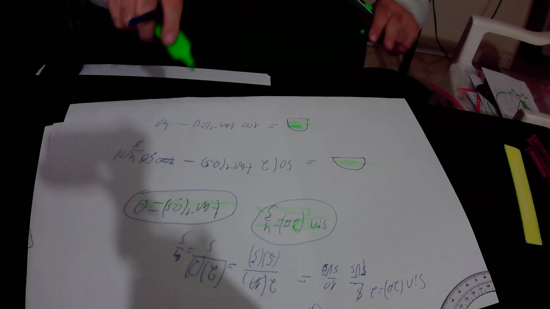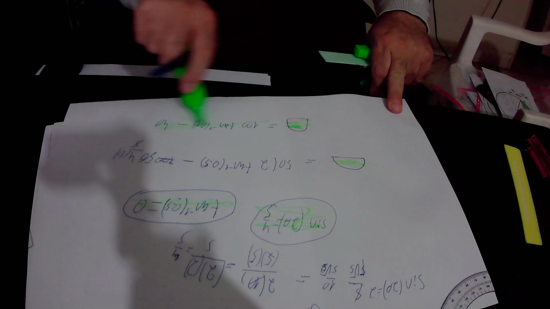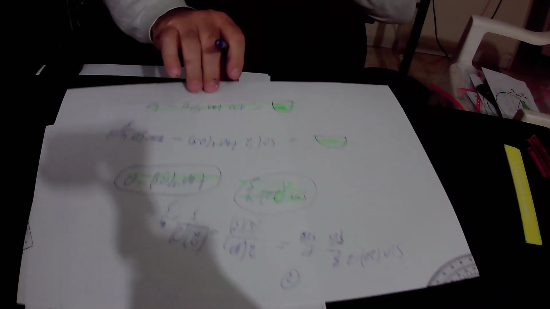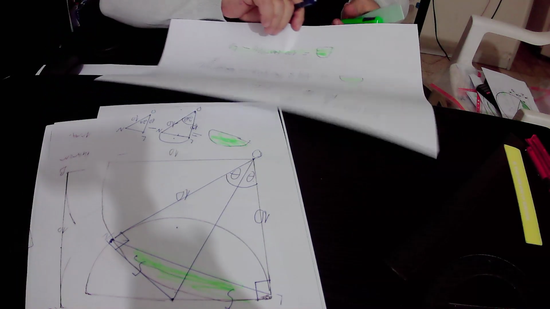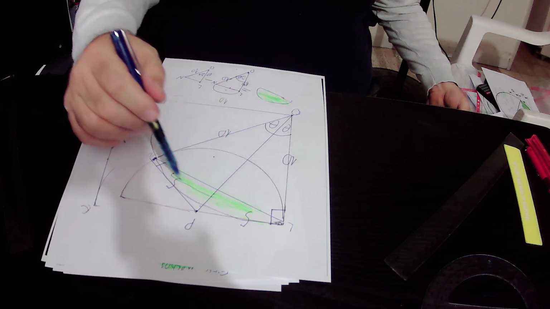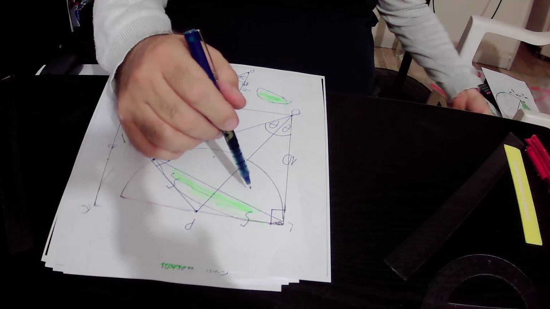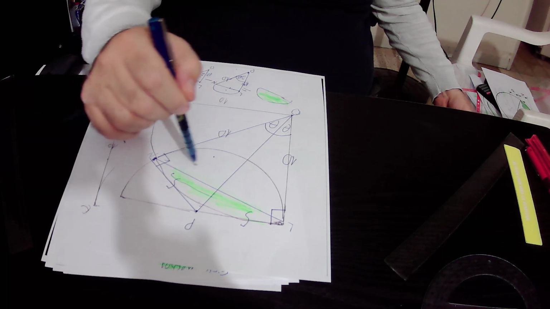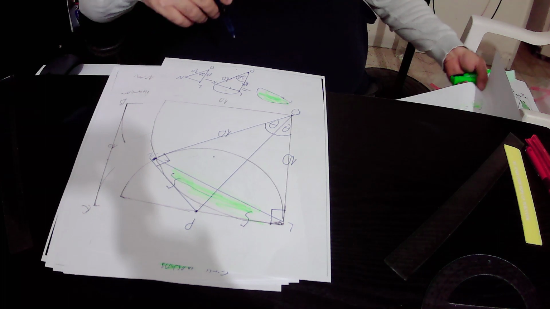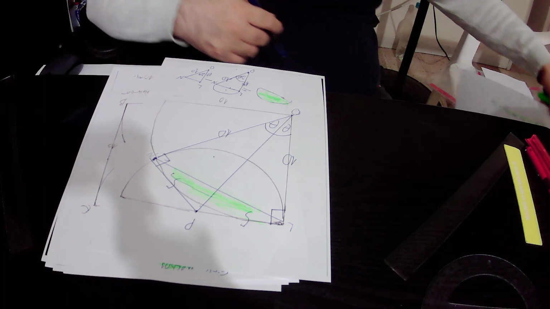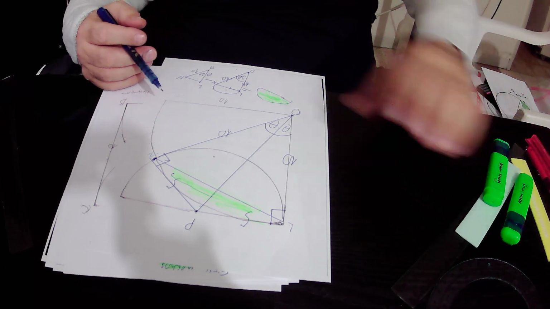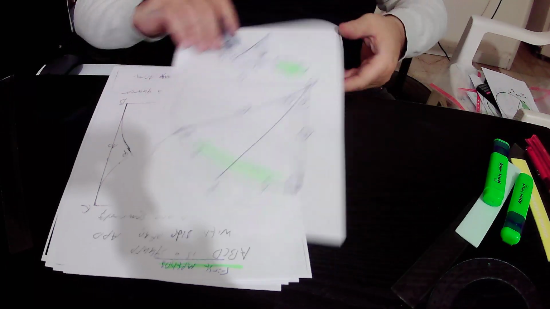So in the next step, we'll find out the area of the lower circular segment. Okay? We found out the area of the upper circular segment. In the next step, we'll find out the area of the lower circular segment of the big lens. And after that, we will join the two parts together. In this way, we'll get the area of the big lens.